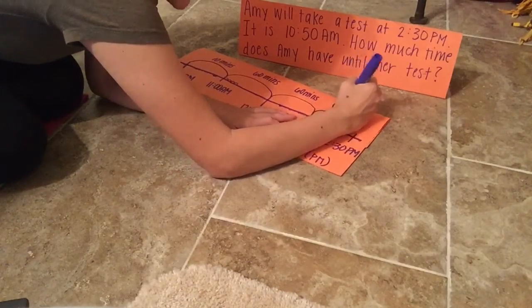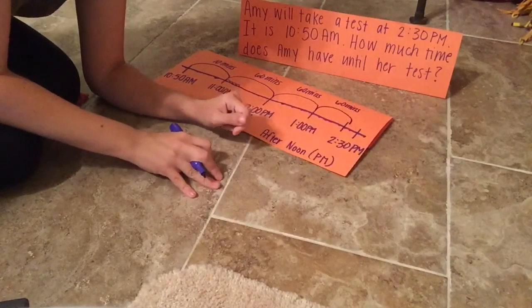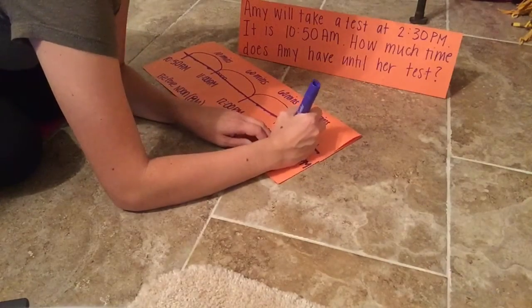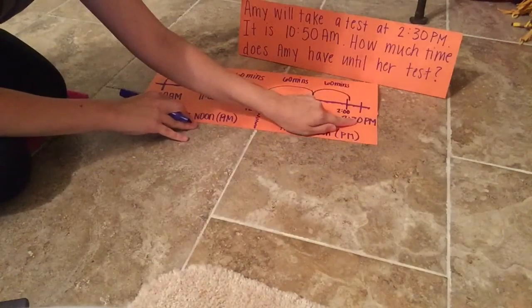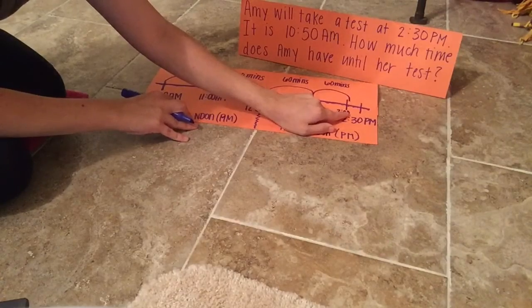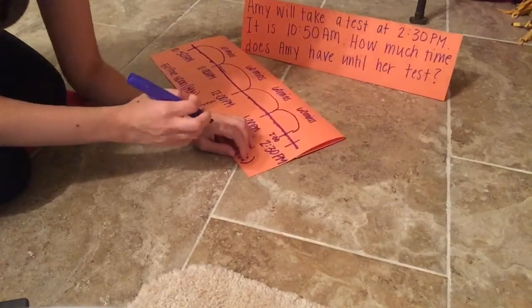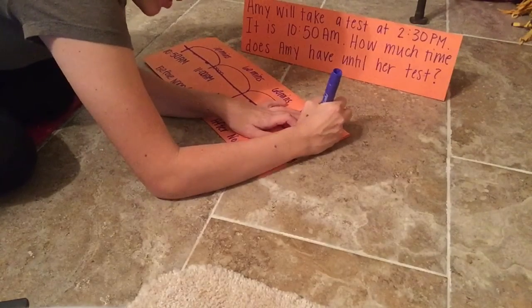And that's our 60 minutes, and that's at 2 o'clock. We landed at 2 o'clock. But I still need to get to 30 minutes. So I kind of already made it easy on us. I know that if I just add 30, I would be right there at 2:30. So I'm going to make that 30-minute jump.